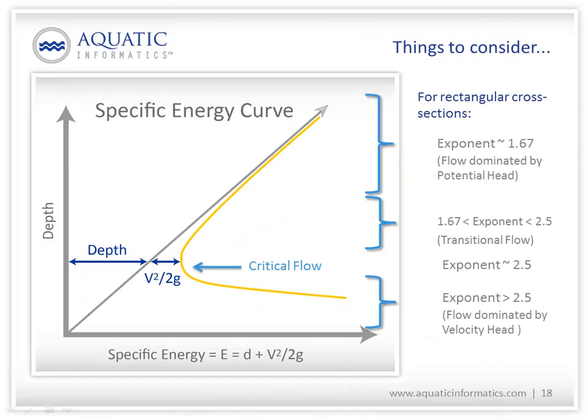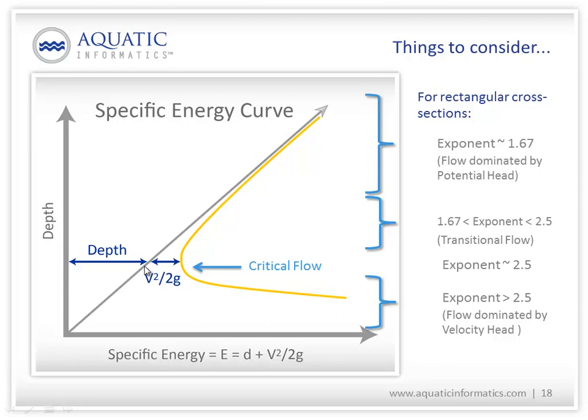Now, interpreting the exponent in the rating curve doesn't mean just looking at channel geometry or the shape of the channel. We also need to consider the effect of kinetic energy in the stream. And for that, we find a specific energy curve very useful for explaining the concepts. The specific energy curve is a plot of the depth of different stream channels against the energy in that channel.